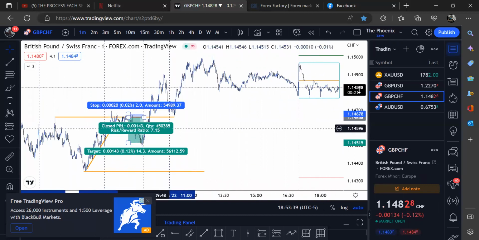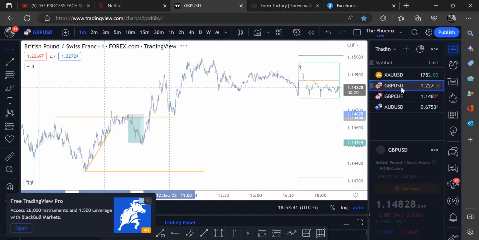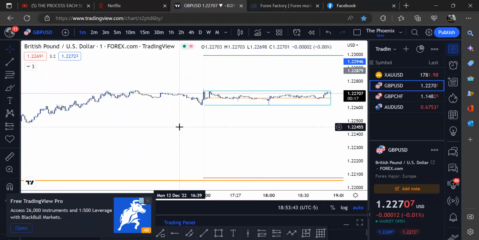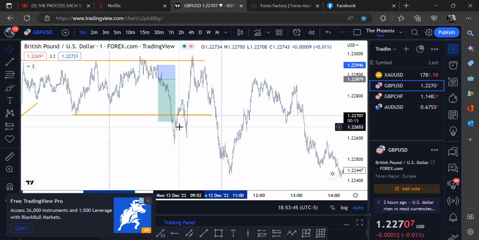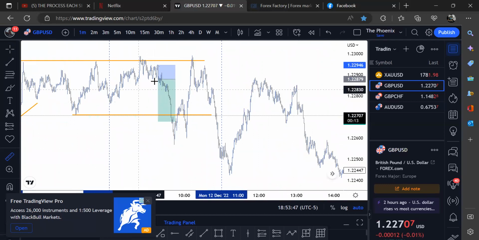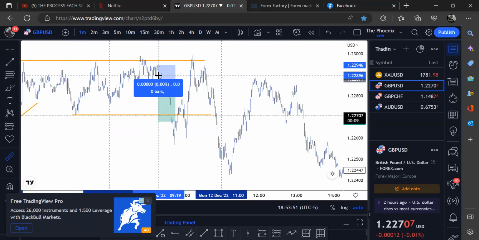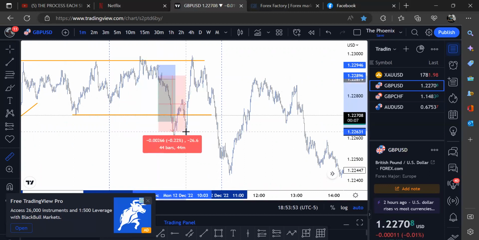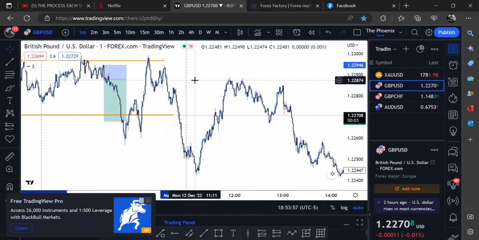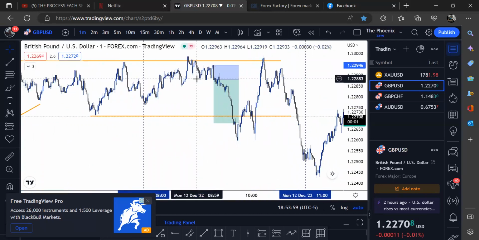I think this was 7, 10 to 1 within an hour because both trades were running concurrently. I think this was about an hour as well. I think so. Yeah, 45 minutes. And within the hour I was out, and that was it.